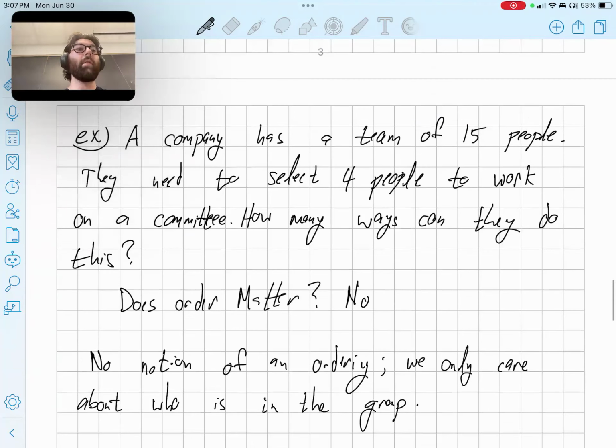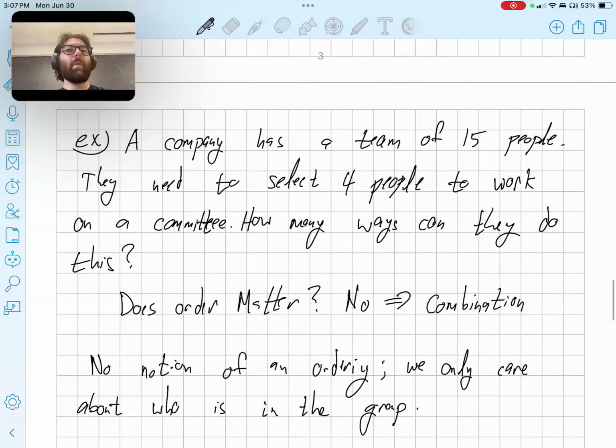We don't care the order that we were selected. We just care how many groups can you make. So whenever you're selecting groups of things, unless there's extra information, if it's just how many ways can you pick 3 things out of 10, then order is not going to matter. And so because order doesn't matter, we have a combination.